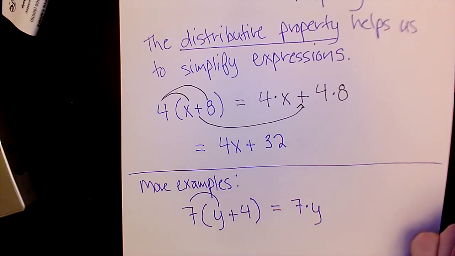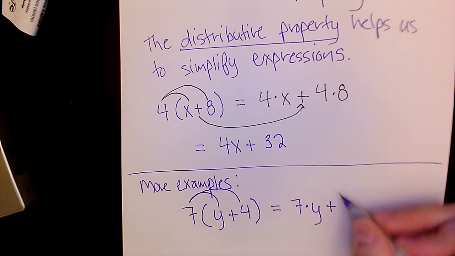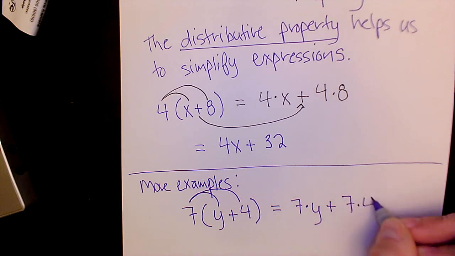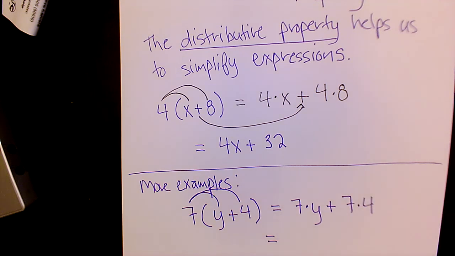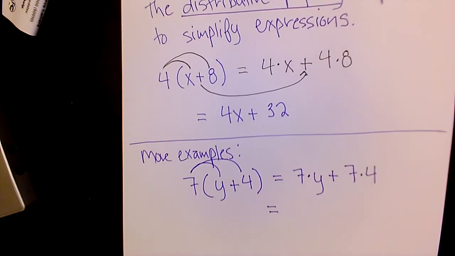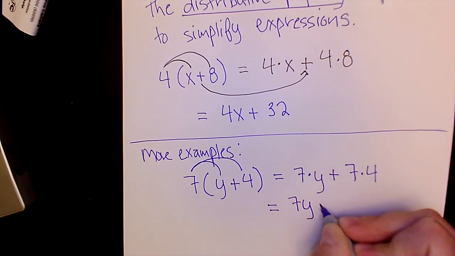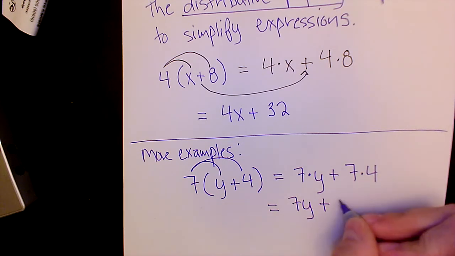You don't need to if you already know it and you're comfortable with it. So 7 times y, bring the plus over, plus 7 times 4. That's all I'm doing. Multiplying the first term times each of these in the parentheses. So 7 times y is 7y, and 7 times 4 is 28.